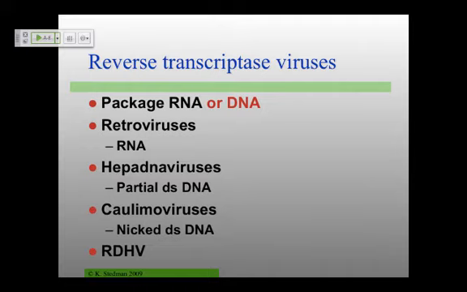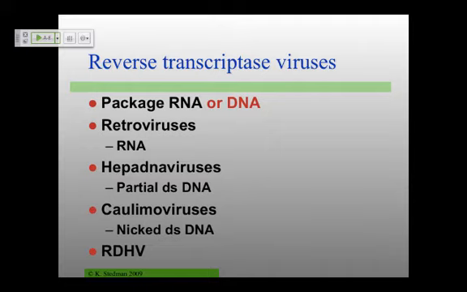And it turns out that that's an intermediate of this replication process. And so it just packages one of the intermediates in that process. And the colimoviruses, we'll learn more about looking at some of these plant virus names a little bit later on, but coli stands for what?